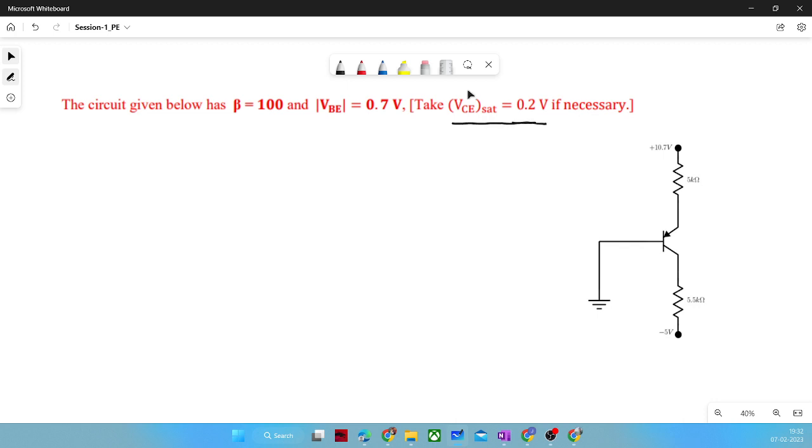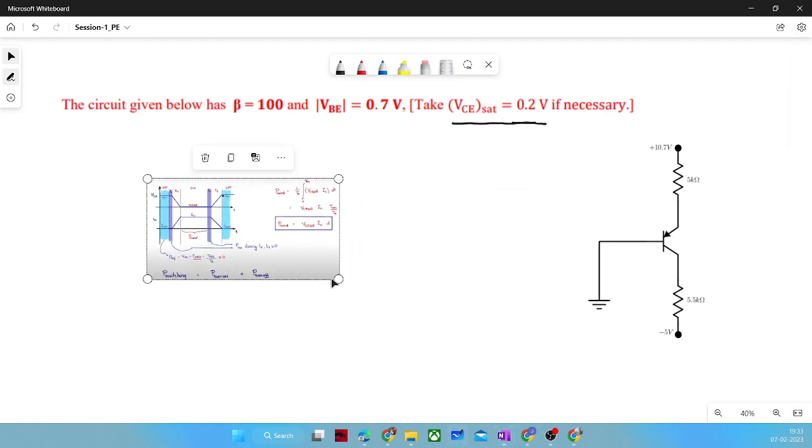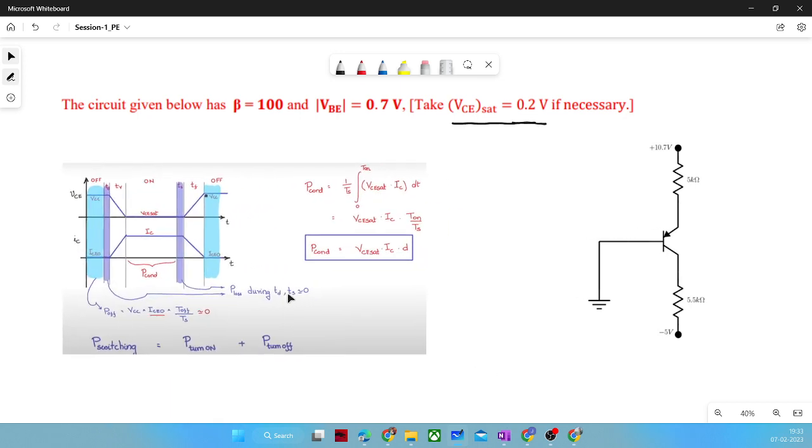If you see from the transistor characteristics, let me draw that characteristic as well. So this is the concept taught by the professor.